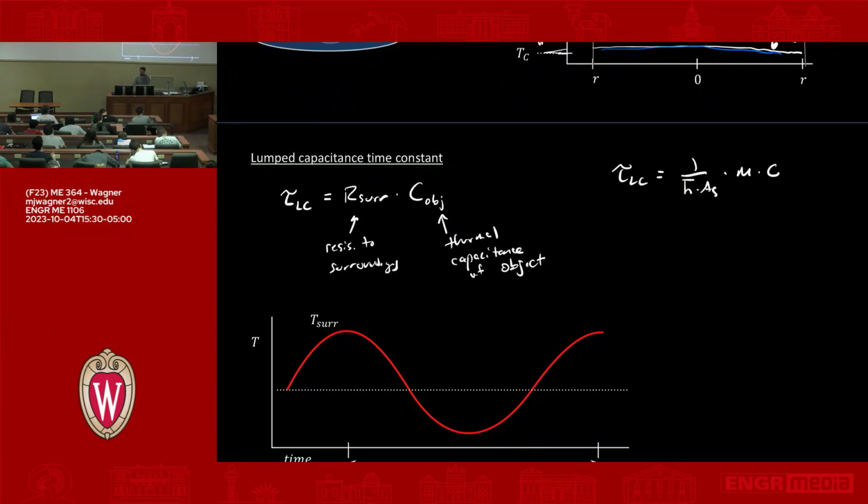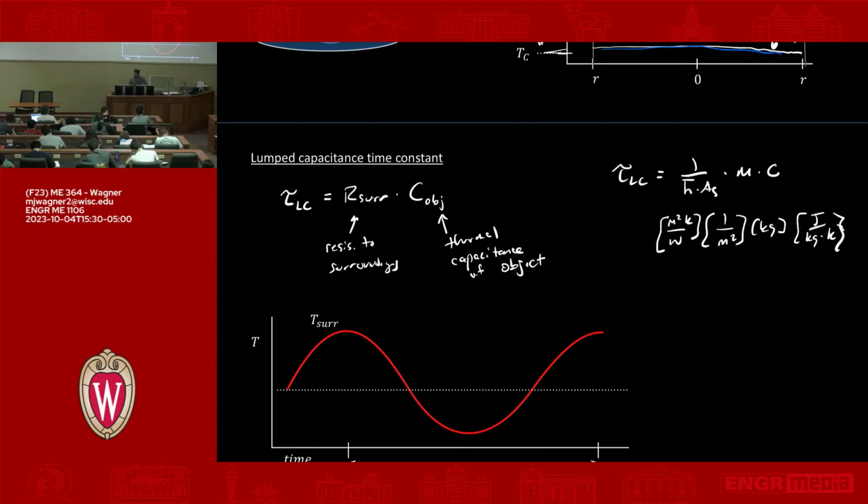You could convince yourself this works, so we could just go through and do a dimensional analysis. h-bar is watts per meter squared Kelvin. A_s is meters squared. m is kilograms. c is joules per kilogram Kelvin.